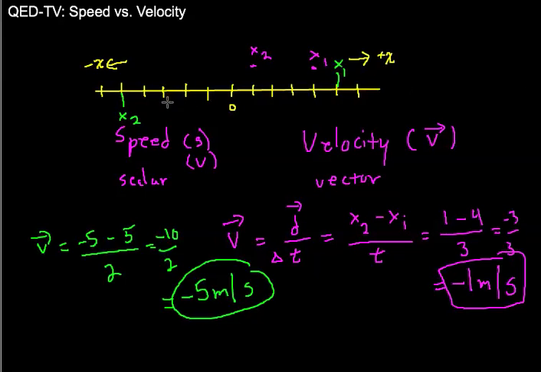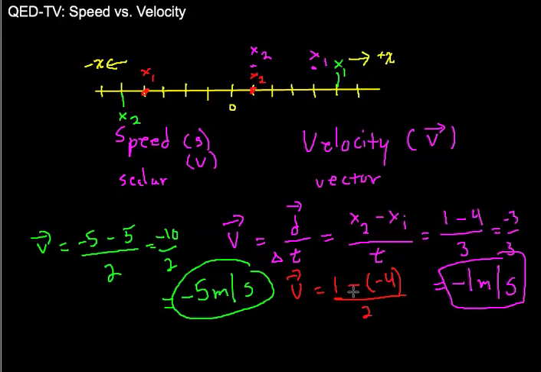And let's do one more, shall we? Let's say here is position 1, and here is position 2. So this velocity vector would equal my final position, which is at plus 1, minus my starting position, which is 1, 2, 3, 4, negative 4. So 1 minus a negative 4. And we'll say this happened in 2 seconds also.